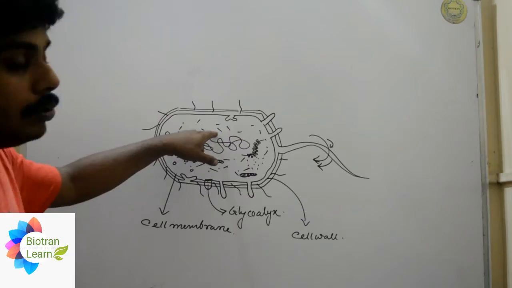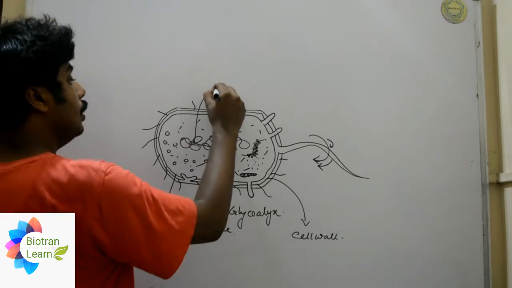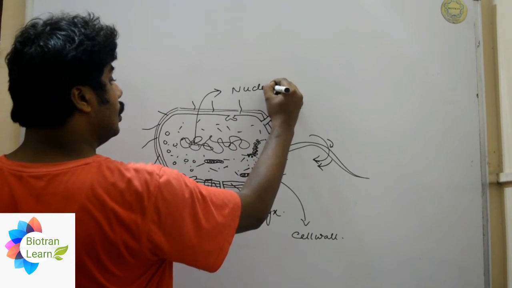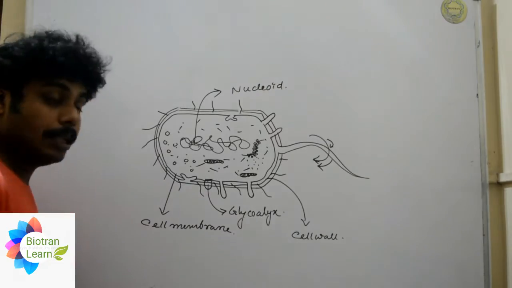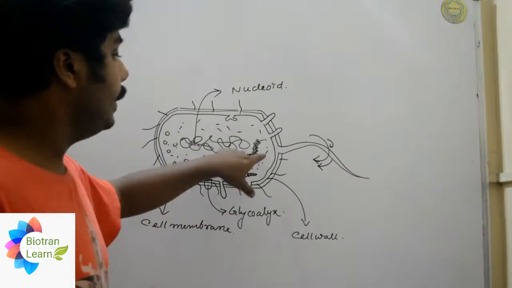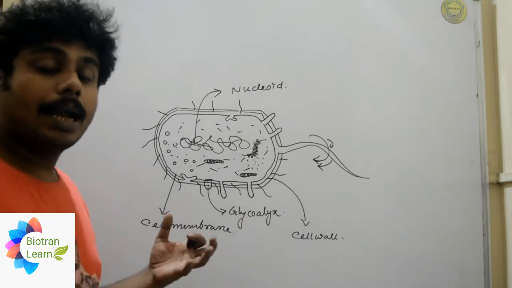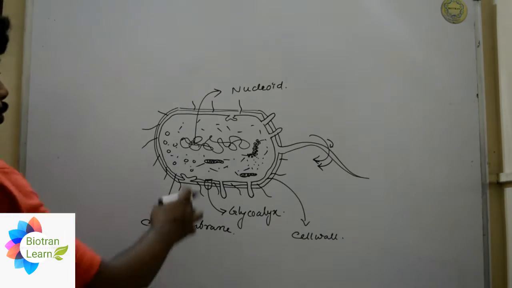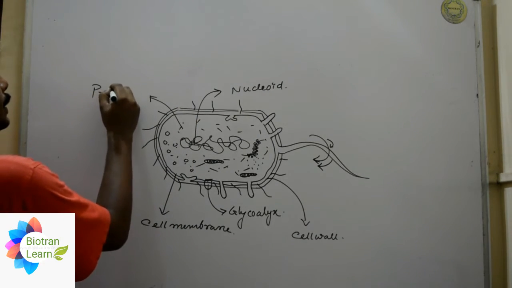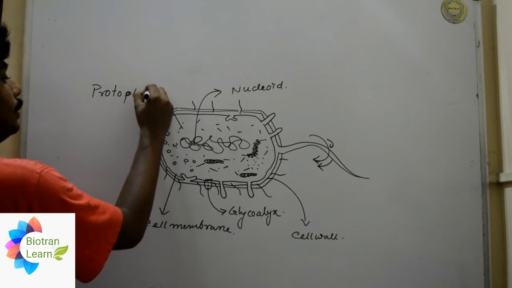As it does not have any kind of developed nucleus, only the nucleoid floats in here. This is known as nucleoid. Then we have this portion of cell sap or hyaloplasm or cytoplasm. The total portion will be known as protoplasm, right?